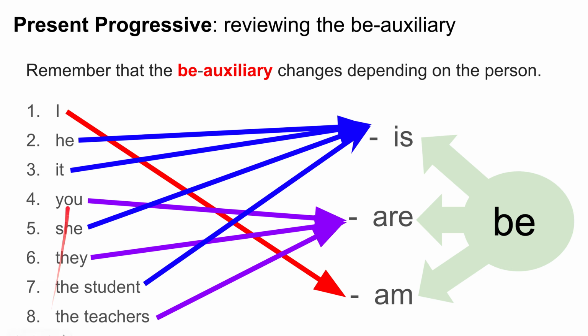Okay, so if I'm using I, I'm going to use am. If I'm using the student, she, it, or he, I use is. And if I use the plurals, the teachers, they, and of course you, then I use are.